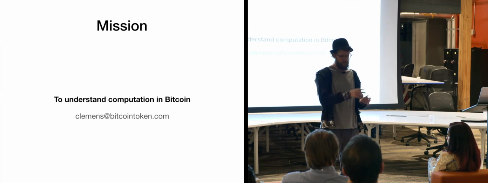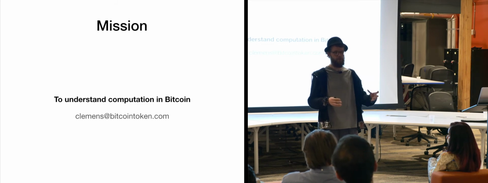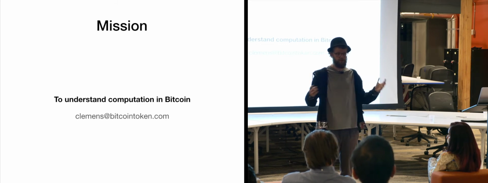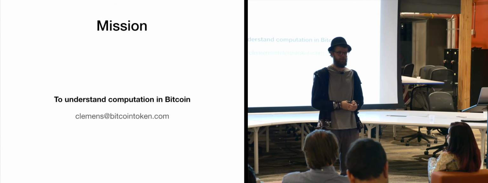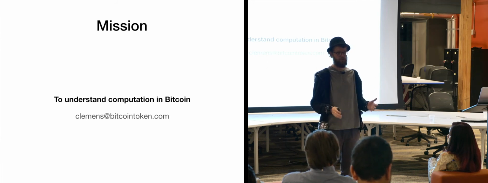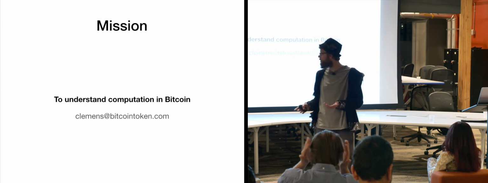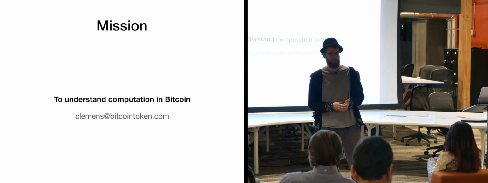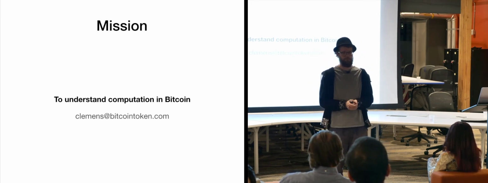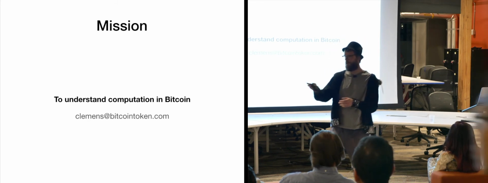But certainly, I would like people to help me build this stuff together, because there's lots of beautiful stuff to be built, and I can't do it by myself. Even if I raise money, I can't do it by myself. I'd be extremely happy if people want to just help me. If they believe in this mission and find it interesting to understand computation, that'd be fine. Let's work together and make Bitcoin awesome.